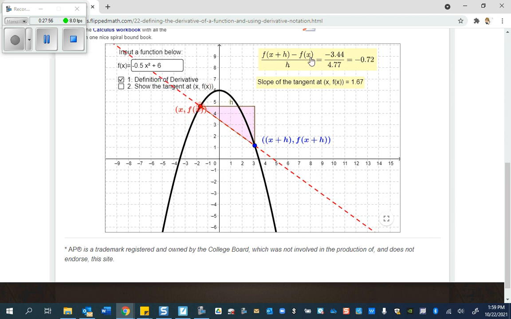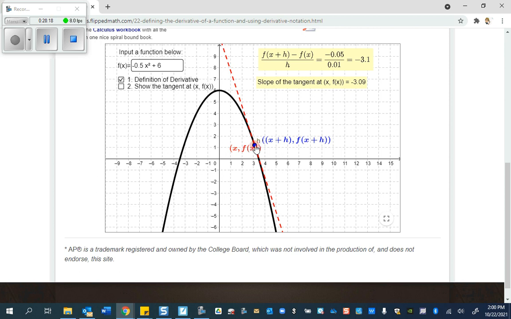There he is. My output is f of x. My input is getting closer and closer and closer, where h is getting smaller. And you can see that as h gets smaller and smaller, what I really end up finding in that instantaneous rate of change is the slope of the tangent line.